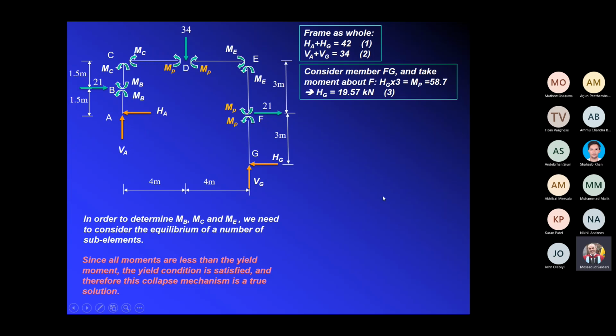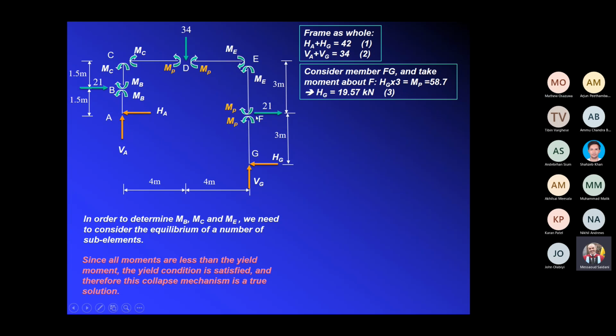Then what I did, I then considered the equilibrium of member FG. Can you see here FG? I've taken FG, I've taken a cut at F, right? Why I've started at F? The reason I started at F, because I know the moment at F is MP, okay?